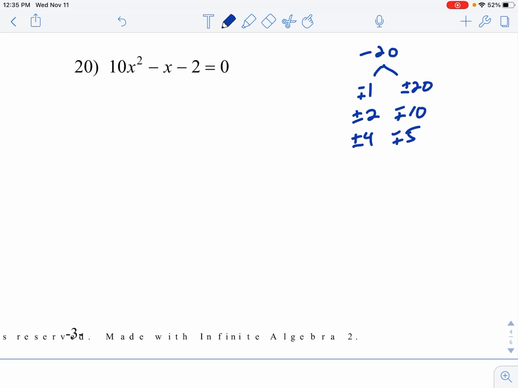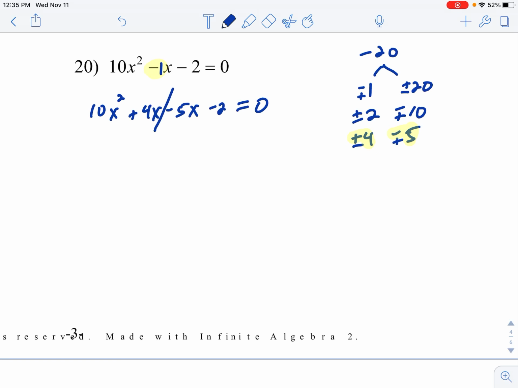No, that's it. Now, which pair of those will add up to equal negative 1? Remember, if there's no number in front of x, you count it as a 1. Which numbers will add up to equal negative 1? That's going to be positive 4 and negative 5. So I write 10x squared plus 4x minus 5x minus 2.